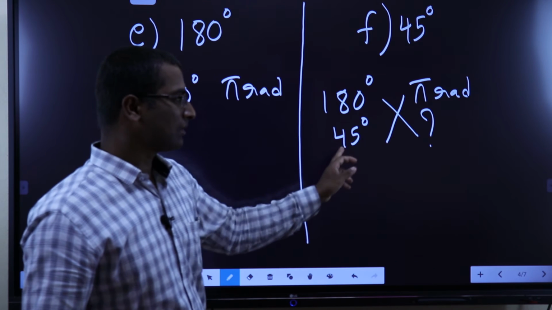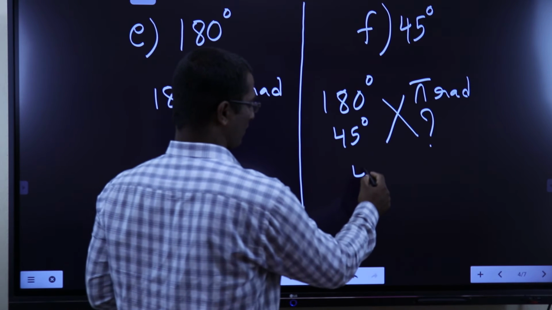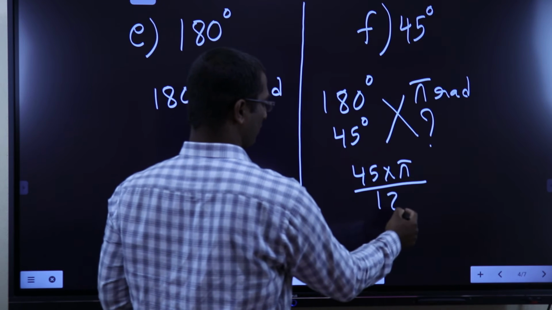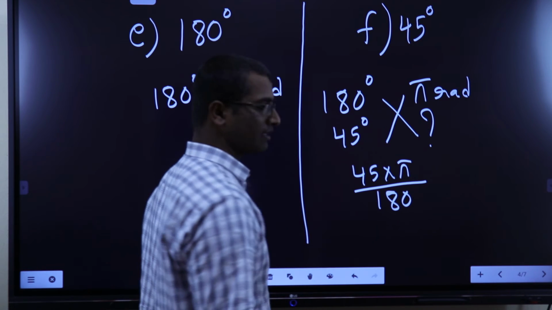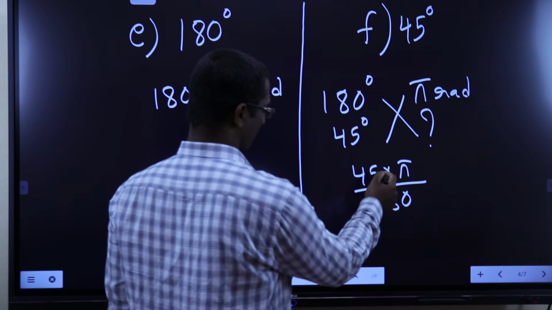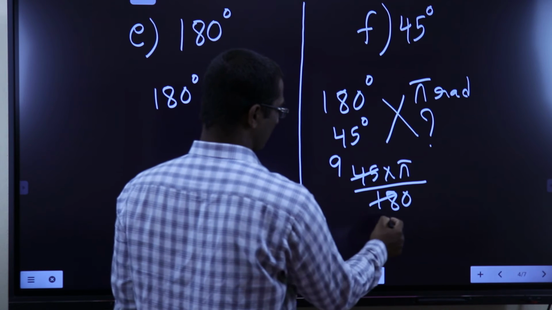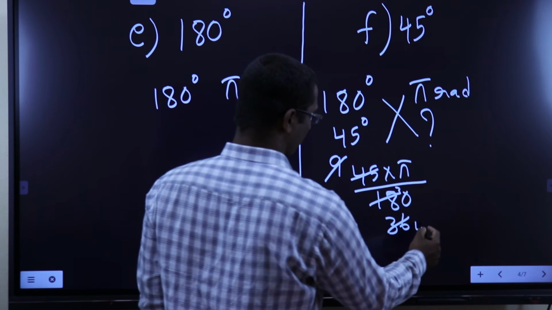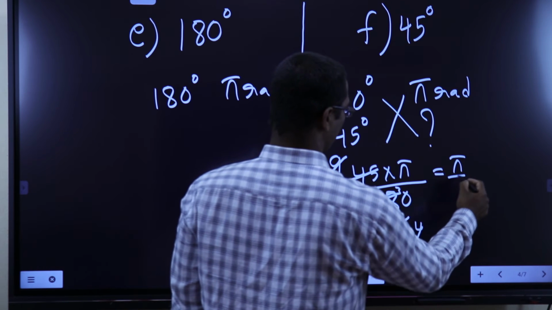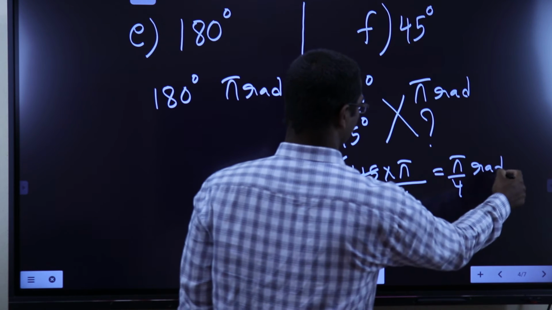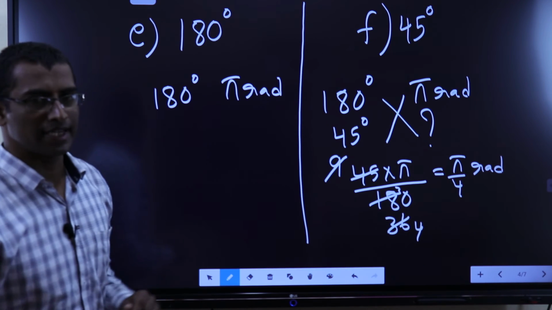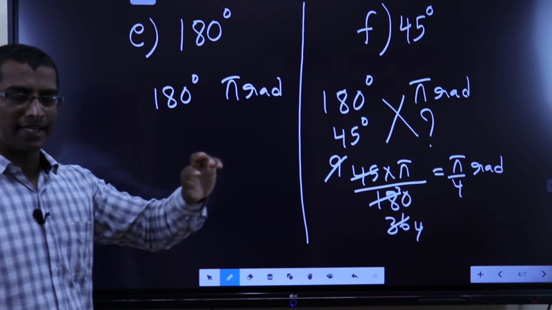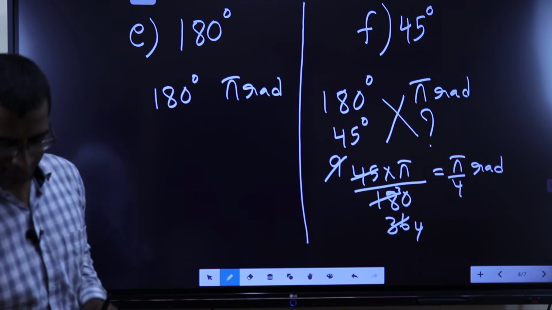I cannot multiply question mark, so multiply these two. So 45 into pi. And the number you write it below. I can't cancel zeros, so let us cancel in the 5 table. 5 9s, 5 3s. So 9 1s, 9 4s. So that is equal to pi by 4 radians. Okay, 45 degrees is nothing but pi by 4 radians. 180 degrees is pi radians. That is the standard line for converting. Okay.